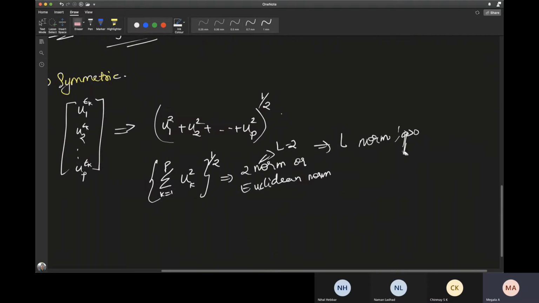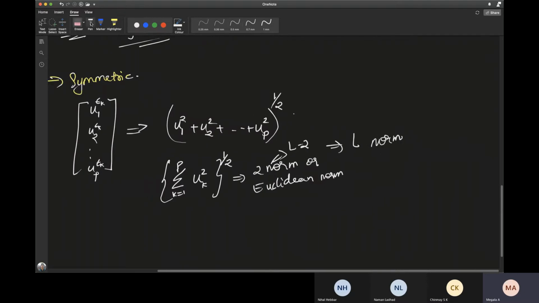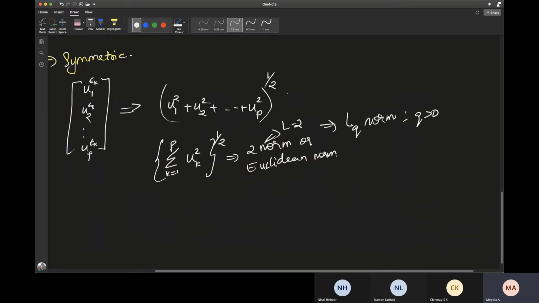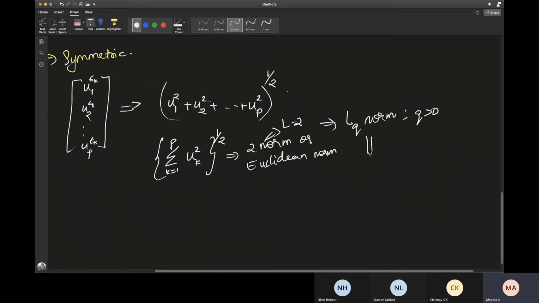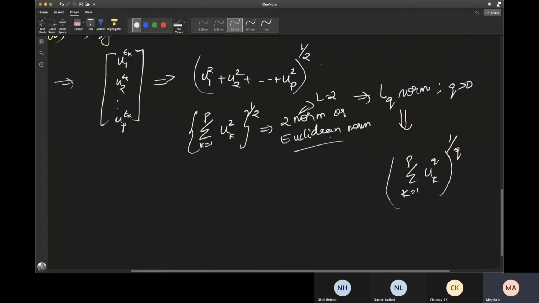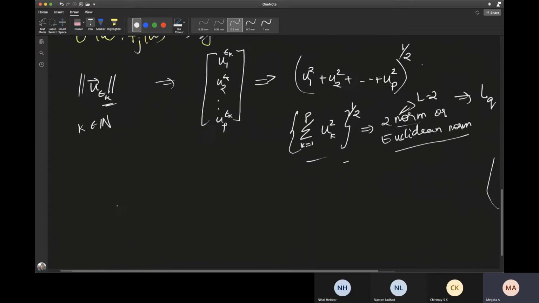In most books, you'll find it as the Lp norm; I'm just using q here because we already used p for something else. So the definition will be something like this, with the sum raised to the power 1 by q. This is the definition for the Lq norm. Generally, we only use the Euclidean norm or L2 norm, which is this.